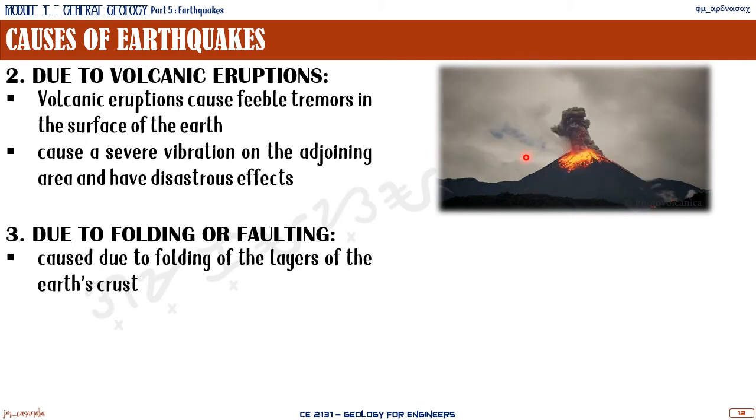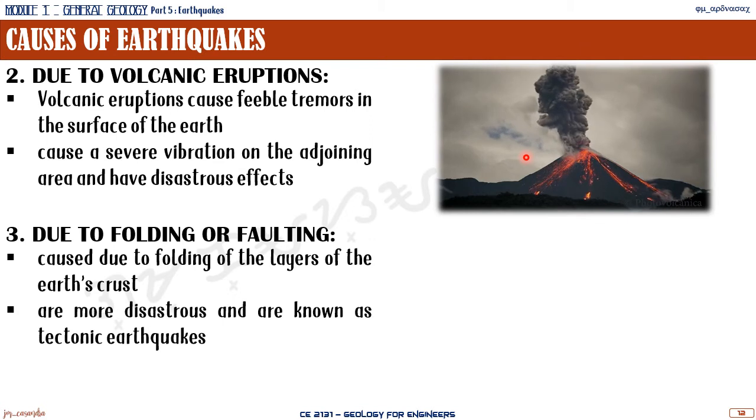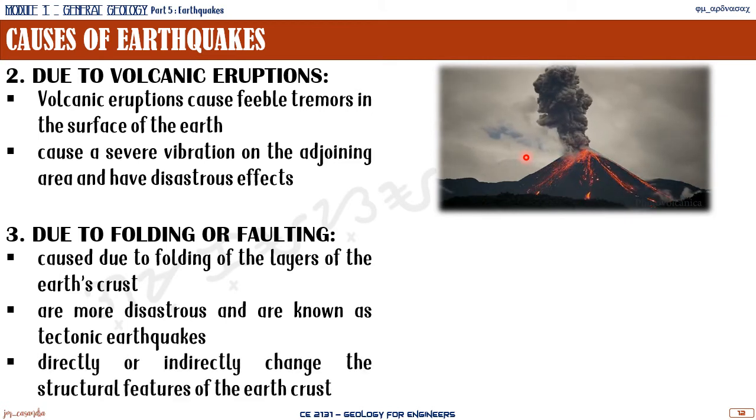So from the word fold, we could see that the surface or a layer of the earth would technically be folded. Okay, so these are more disastrous and are known more as tectonic earthquakes. So they are either directly or indirectly caused by the change in the structural features of the earth's crust.